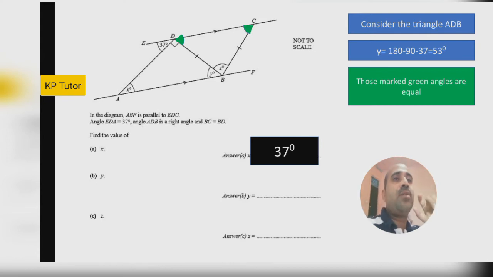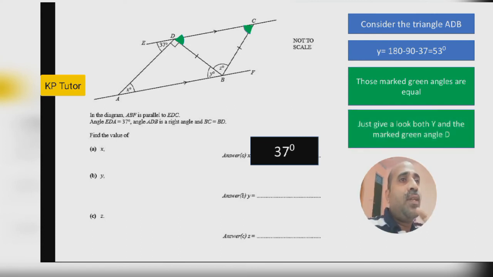So in an isosceles triangle, base angles are equal. Now check the marked green angle at D and y. Is there any connection between the marked green angle and y?